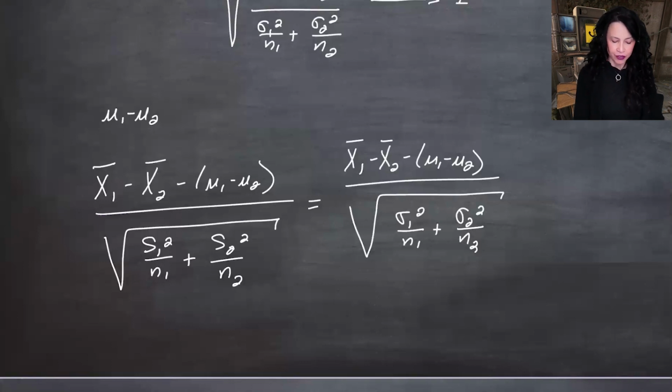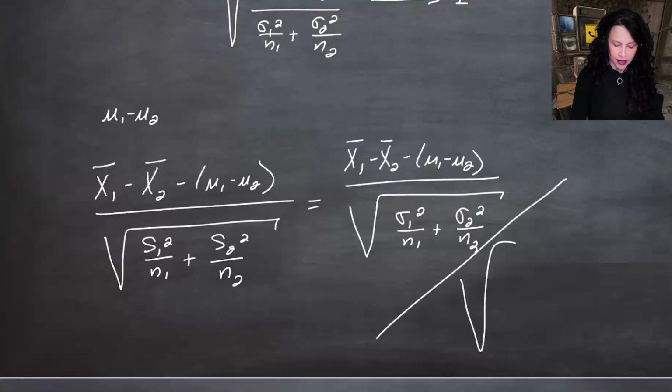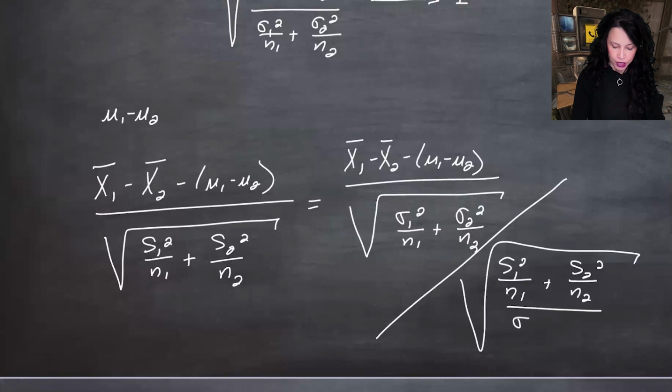So I'm going to have to divide, to make it look like a homework problem, this whole thing by the square root of s1 squared over n1 plus s2 squared over n2, over sigma 1 squared over n1 plus sigma 2 squared over n2.